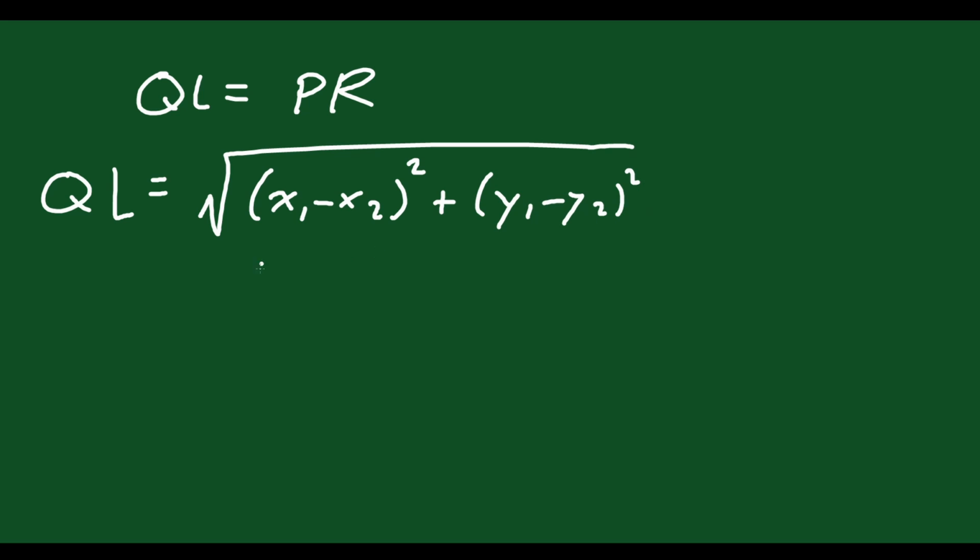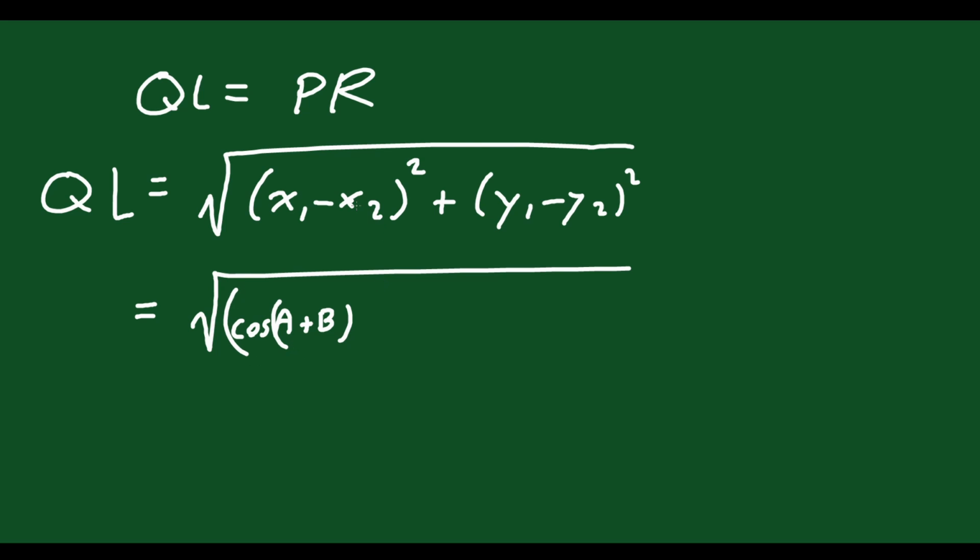If you plug in all those values, x1 is cos of A plus B, and x2 was just 1, so we're going to subtract 1. For y1 and y2, we have sine of A plus B, and y2 is 0, so minus 0.